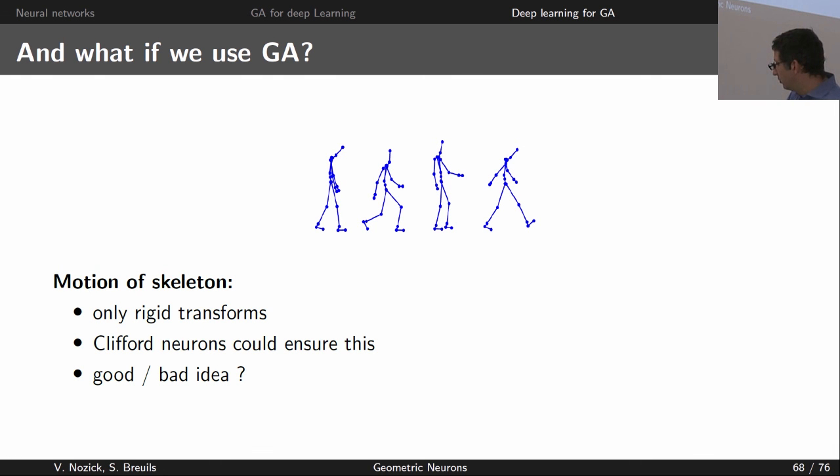So again, the two questions: would it help to put some geometric constraint? Would it be faster to converge, or give a better result, or is it a bad idea because the network knows what to do? But again, for me, when I saw this, it was a question.